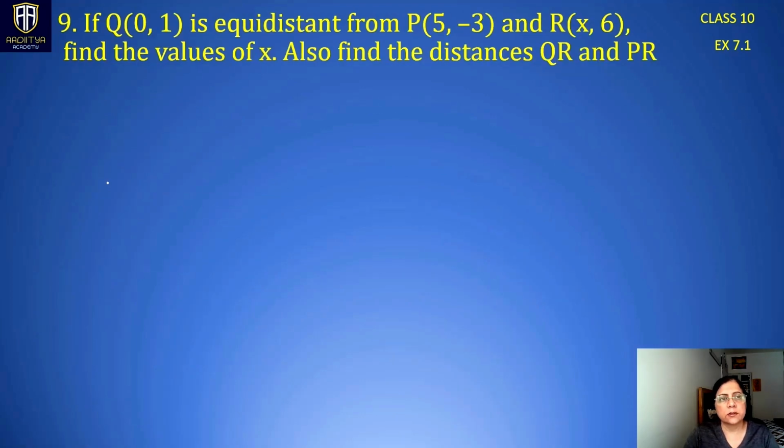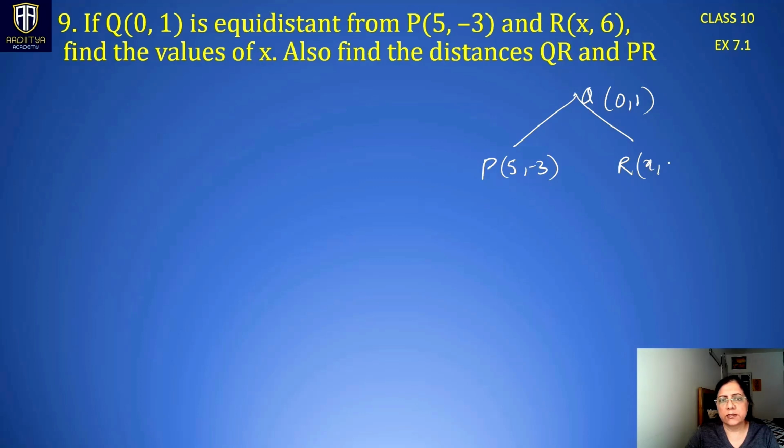Next question is, if Q is equidistant from the points P and R, find the values of x, right? If Q is the point (0, 1), which is equidistant from P and R. P is (5, minus 3).